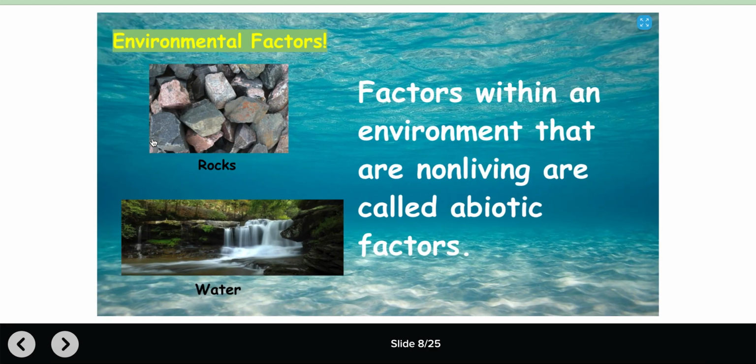Now let's talk about these non-biotic factors, or as we are going to call them, abiotic factors. Now, if you don't pronounce it the same as me, I'm not going to care. It's not that big of a deal. However you like to pronounce it is fine by me, as long as you know how to write that word and you understand what it means.